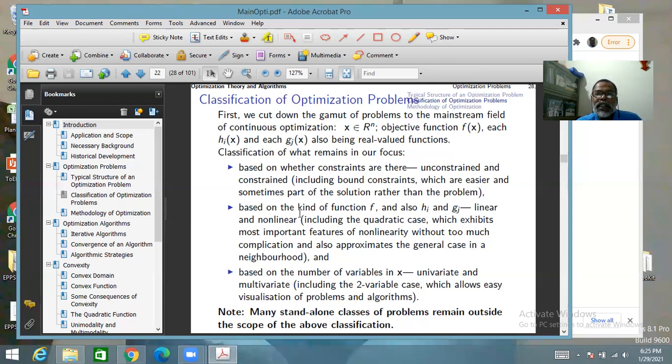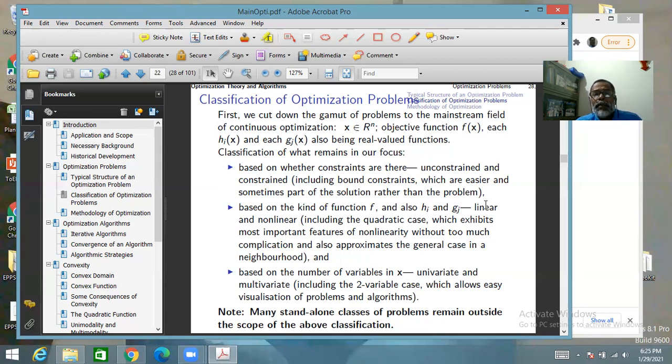Now, based on the kind of function which you are minimizing or the kind of constraint functions, if these functions are all linear, then you say it's a linear optimization problem. And if some of them are nonlinear, even one of them nonlinear makes it a nonlinear optimization problem, which certainly is going to be more difficult.